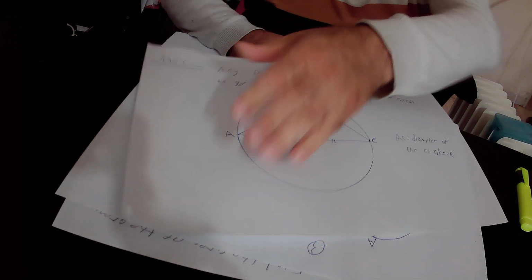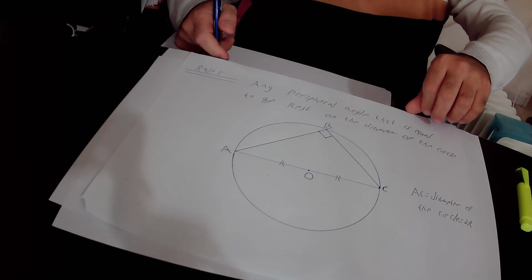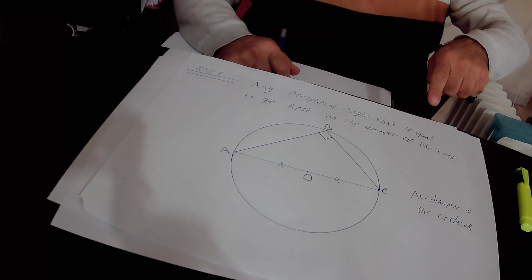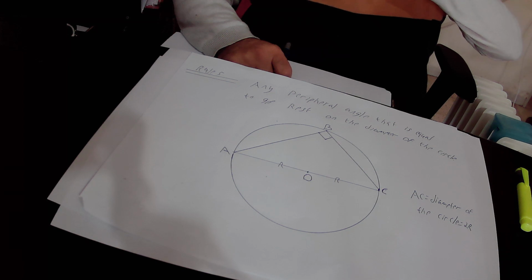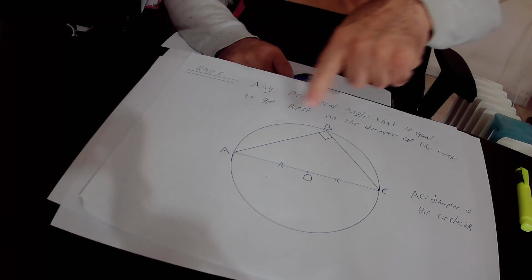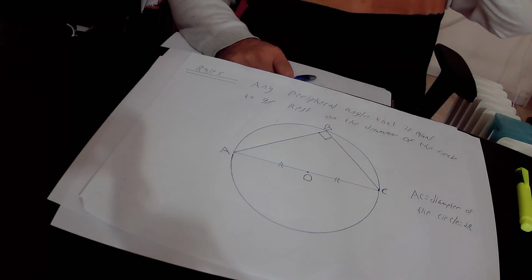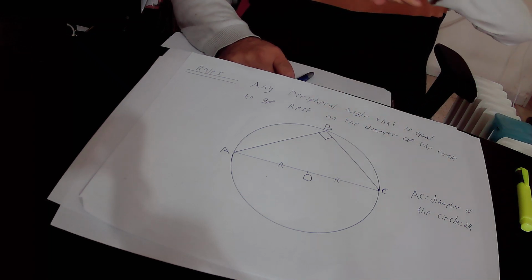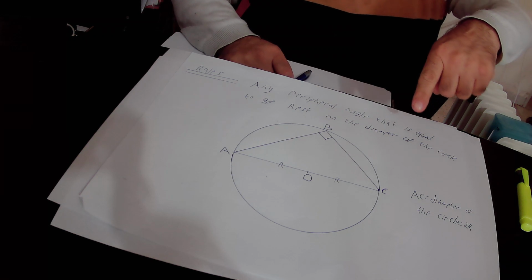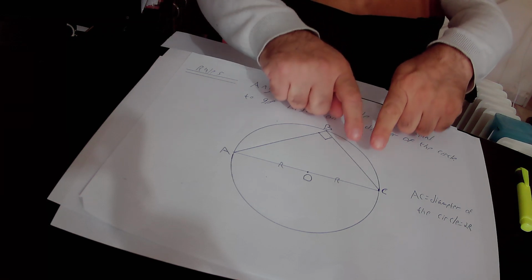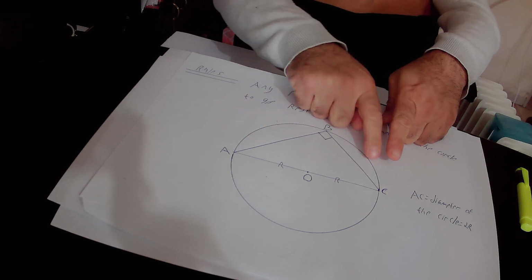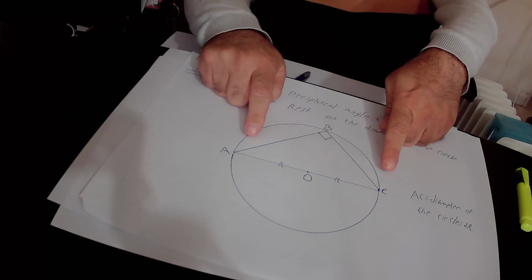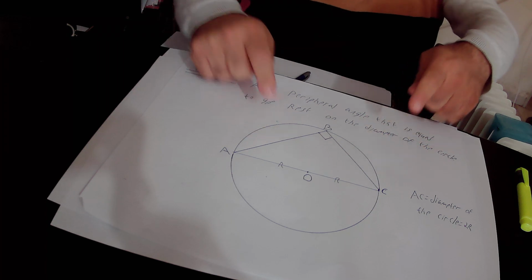Here, peripheral angle ABC is equal to 90 degrees in its size. Therefore, this peripheral angle ABC rests on the diameter of the circle. The diameter of the circle is AC.